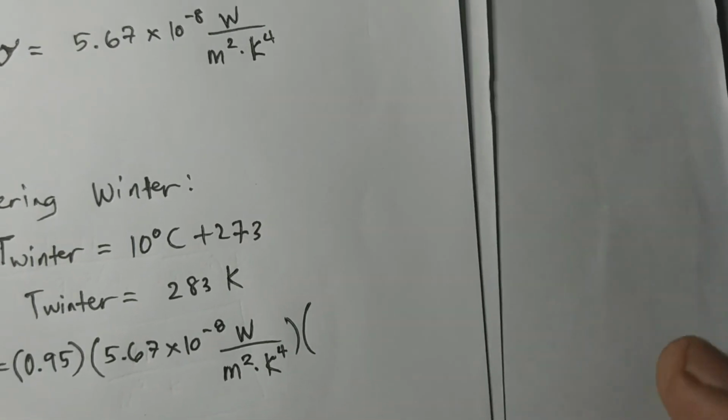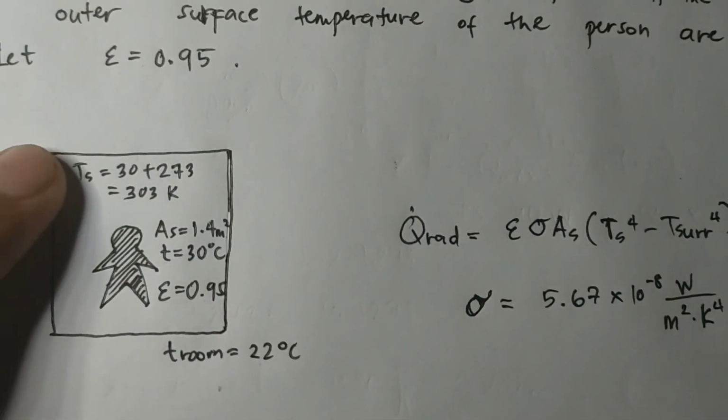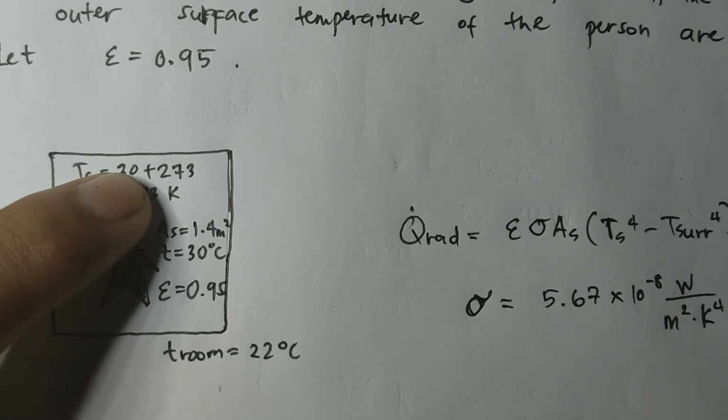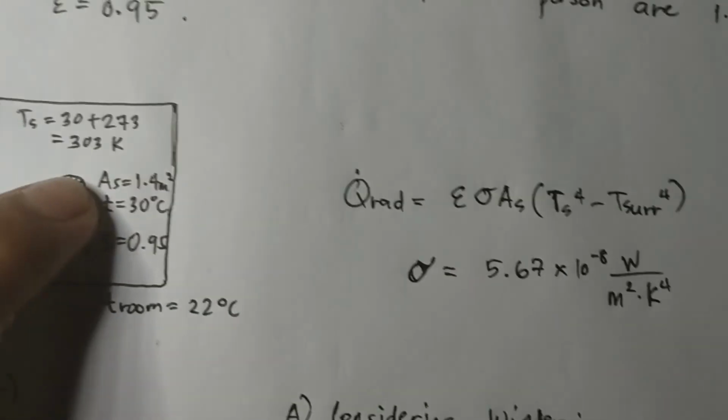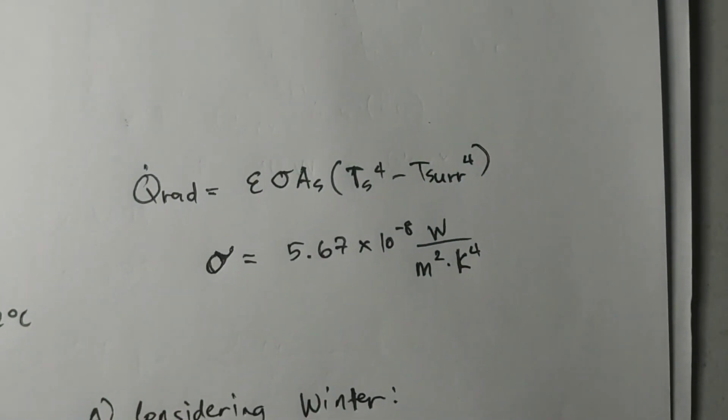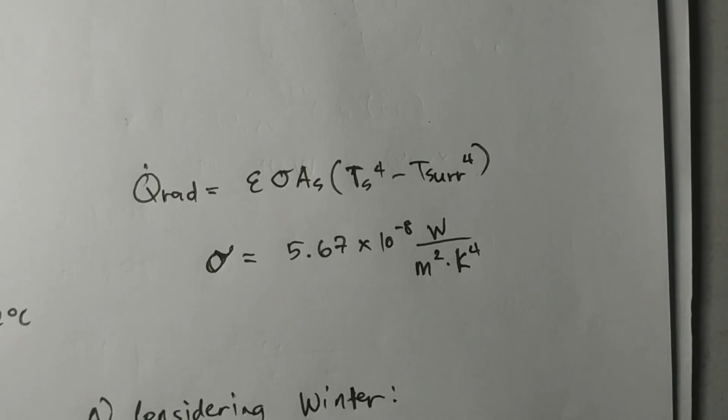So Ts, diba binanggit kanina na Ts is 30 arbitrary degrees Celsius. Nung naging absolute, naging 303. Kaya automatic sulat mo 303. Yun yung temperature nung area na na-expose, yung area ng balat ng tao na na-expose doon sa mismong environment.